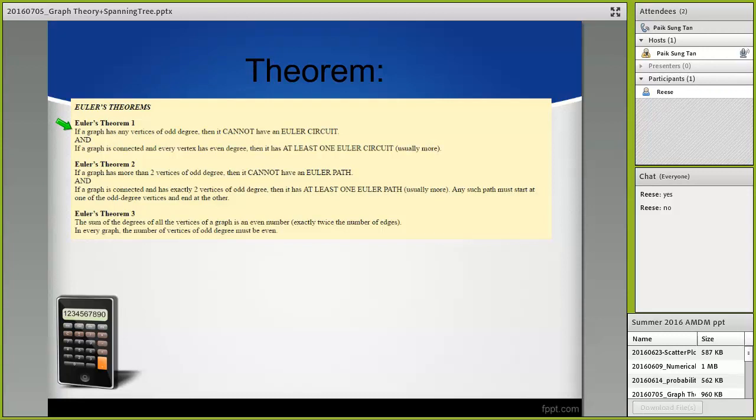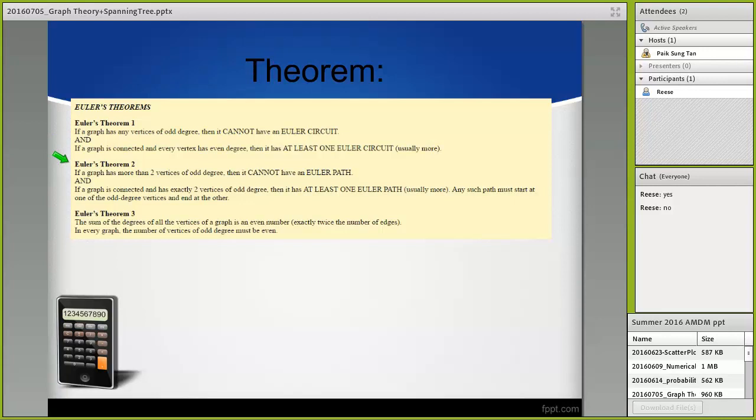And if the graph is connected and every vertex has an even degree, then it has at least one Euler circuit, sometimes more. Every vertex has to have even degree for that to happen.